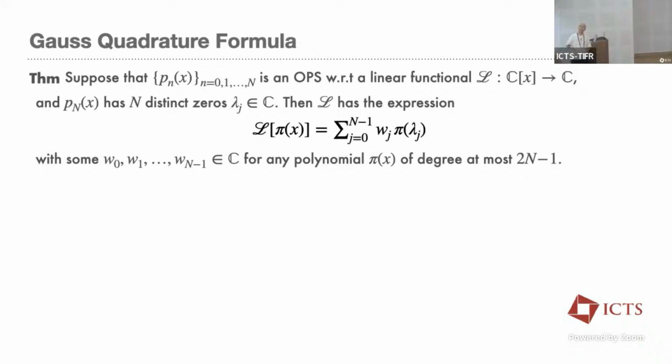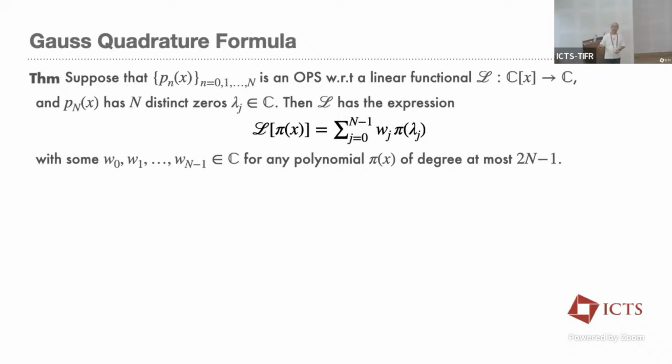In this case, for the linear functional applied to pi(x), any polynomial of degree at most 2N minus 1, the value of the linear functional should be given by this summation formula.